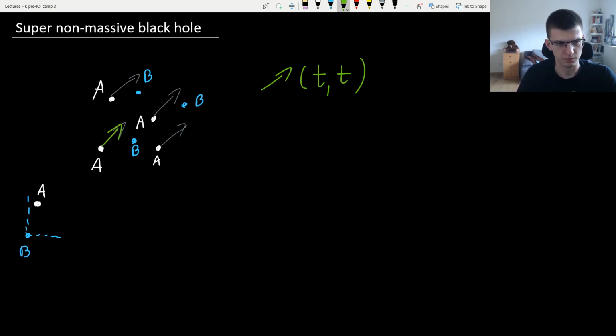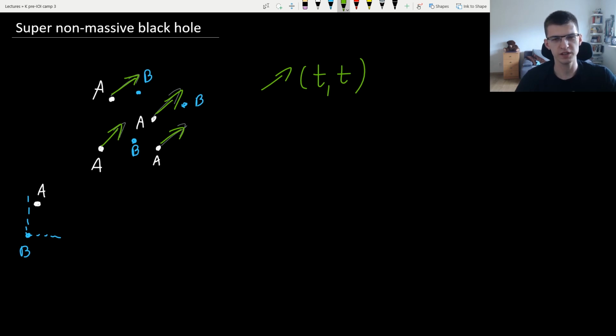So we move like that. We want to find the smallest t, such that after shifting A like that, every point from B will be dominated. Maybe the statement was a bit different, like maybe it's A that should be dominated, but all of that is symmetrical or isomorphic.